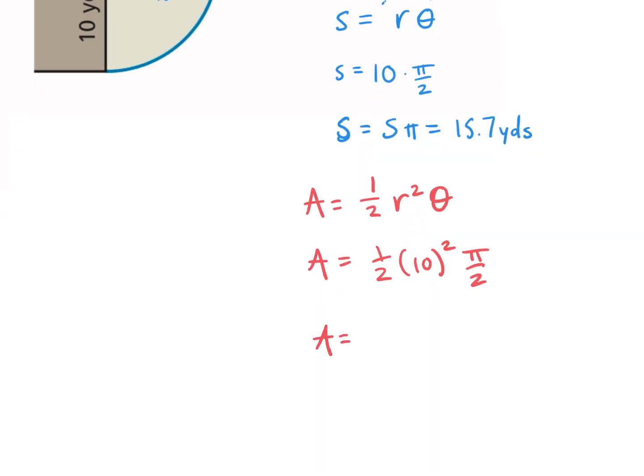So our area is equal to 100 pi over 4. So our area would be 25 pi. I didn't put this into the calculator, but it would be 25 pi yards squared. Just remember, area, the unit's always squared.